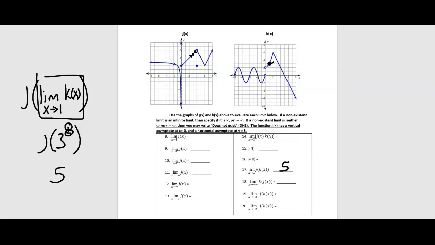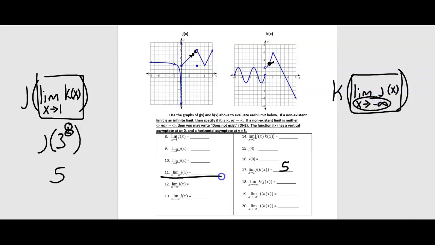Now, once again, you're going to take the limit and you're going to apply it to the inner function. Now we answered this question a little bit earlier, and that question was, what y value am I approaching as we move to the left forever? And our answer was right here for this guy, and what we found was the answer was 3.